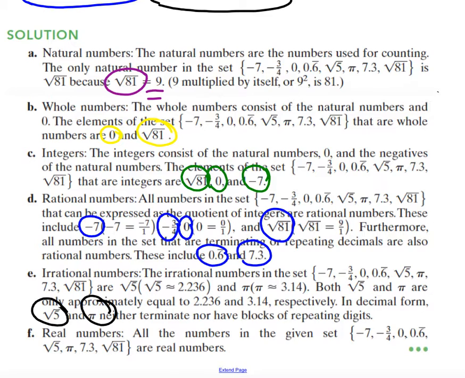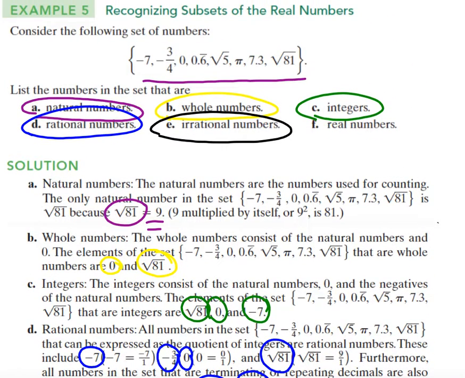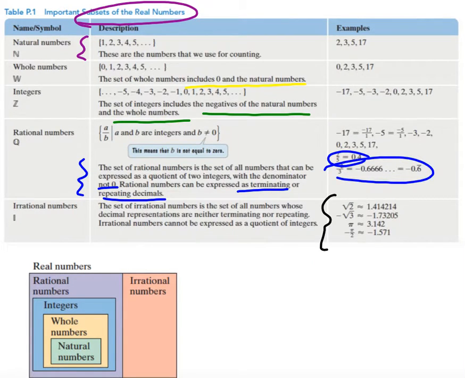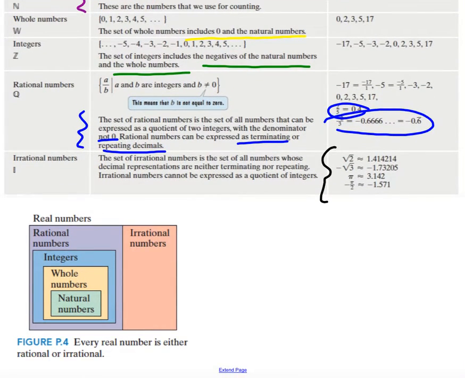All right, last one. Real numbers. Head back to our set. Real numbers are everything in this entire box.